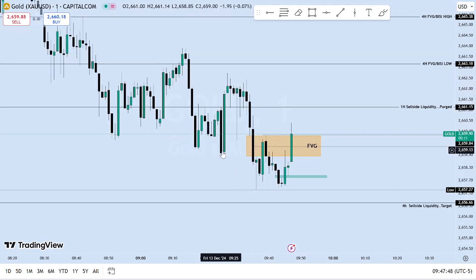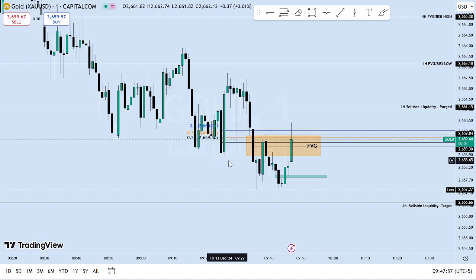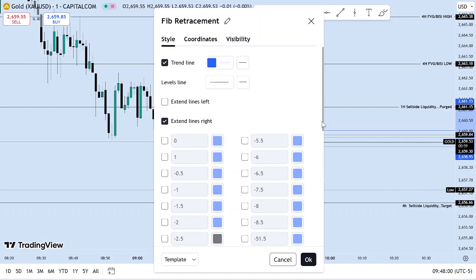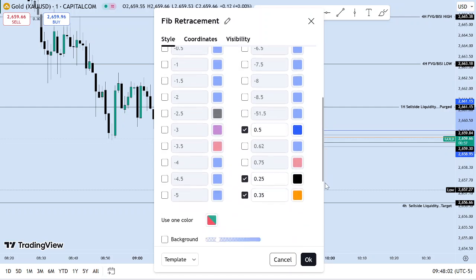High, low, higher high. Look out for the 75% level.